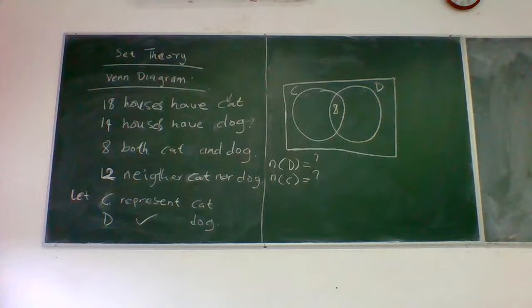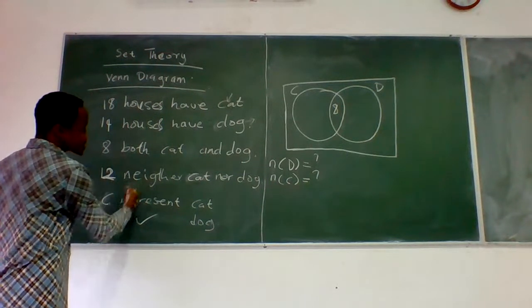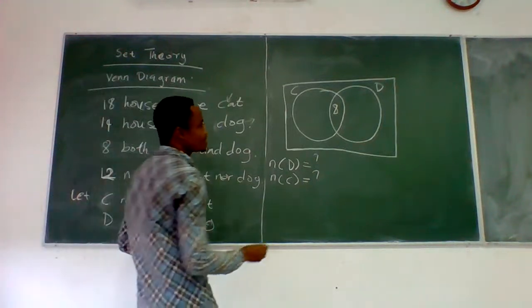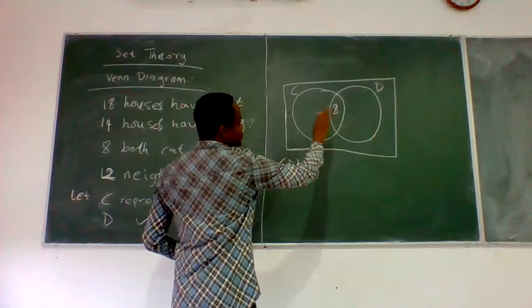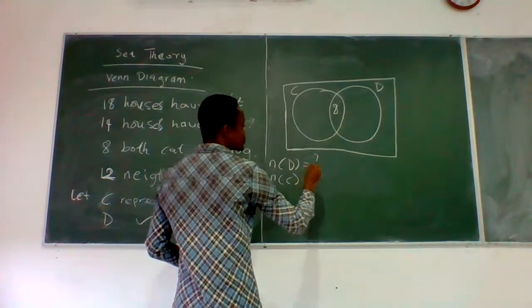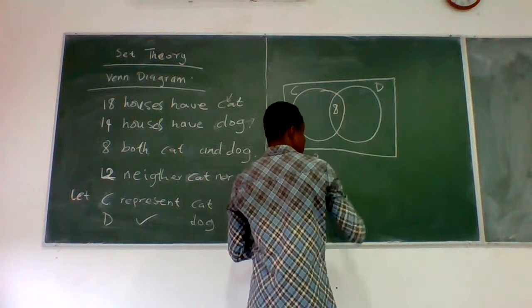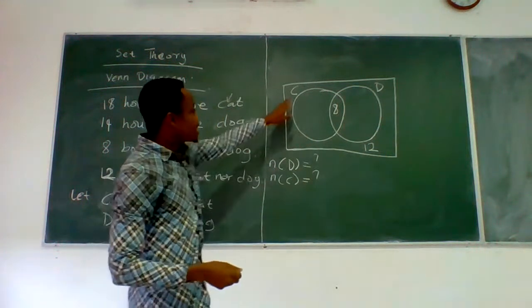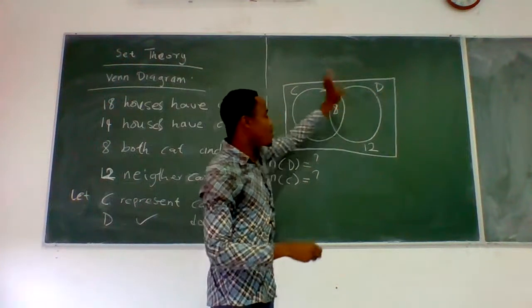Okay, and then what next? 12 houses have neither dog nor cats. It means those houses don't have cats, and at the same time they don't have dogs. So this one comes under this 12. And this 12 is C union D all complement.